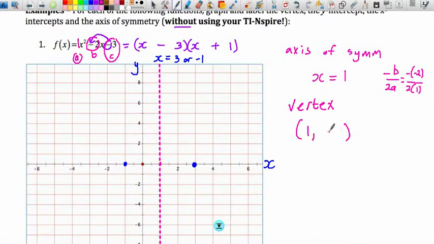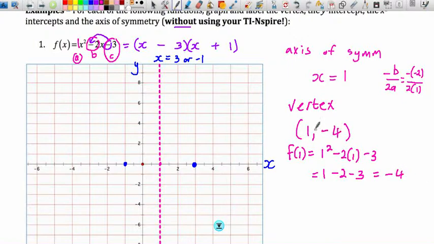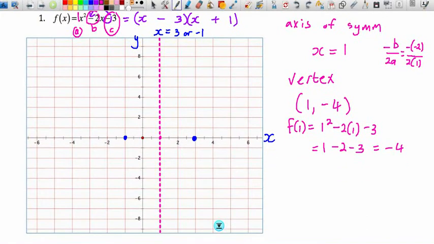We need the corresponding y value, and to do that we can substitute into the equation. So f of 1 is 1 squared minus 2 times 1 minus 3. That of course gives you 1 minus 2 minus 3, which gives us minus 4. And so 1, minus 4 are the coordinates of the vertex or the turning point.